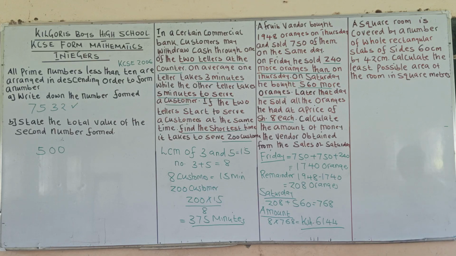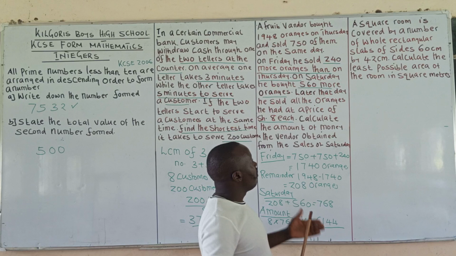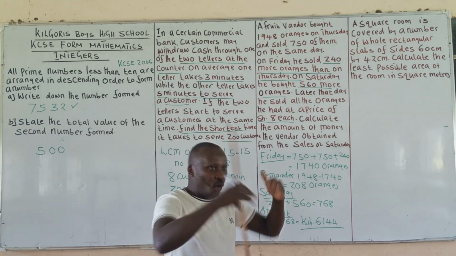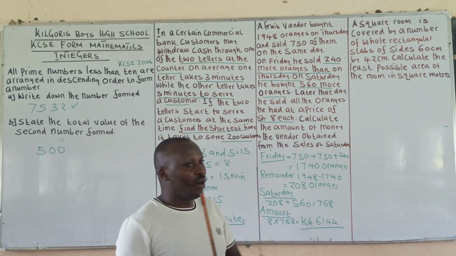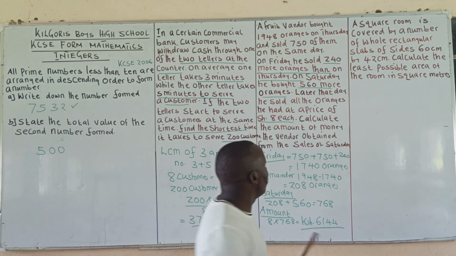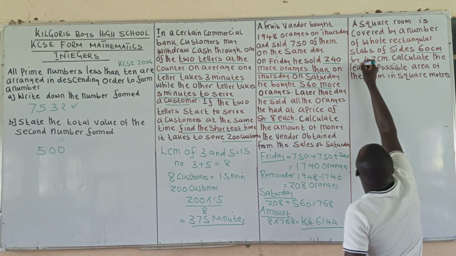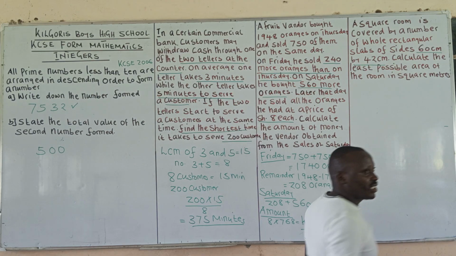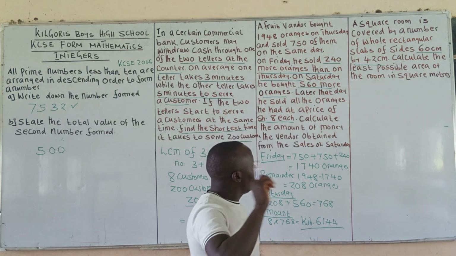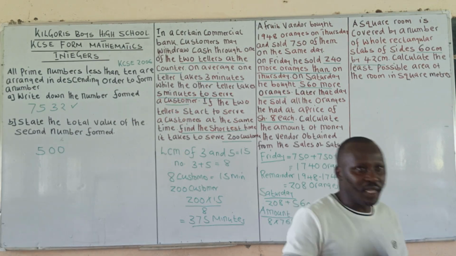A square room is covered by a number of rectangular slabs of size 60 centimeters by 42 centimeters. Calculate the least possible area of the room in square meters.